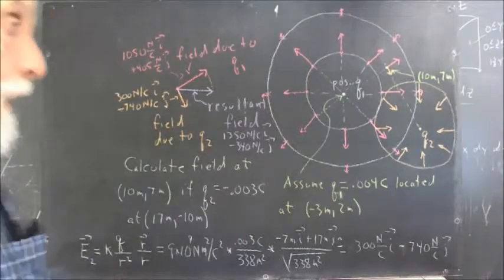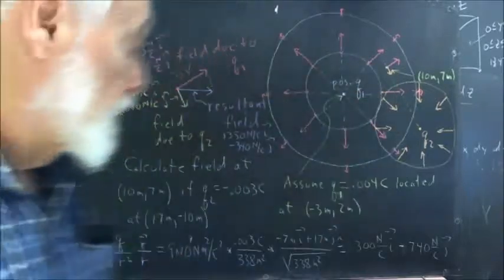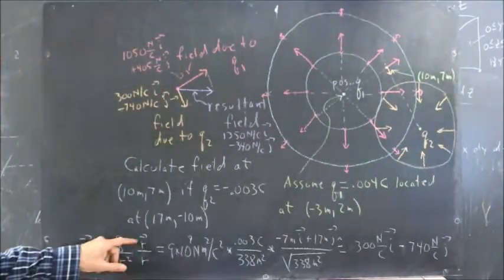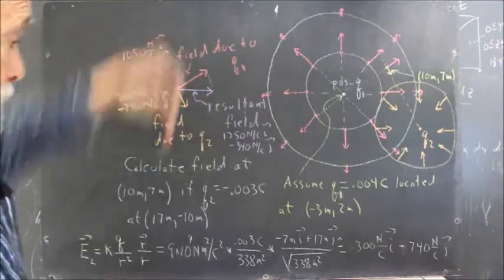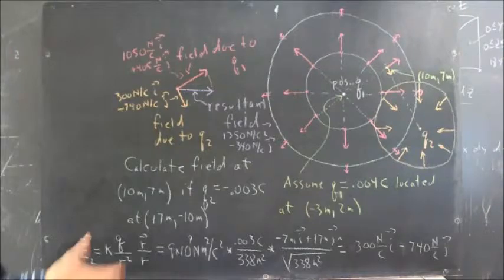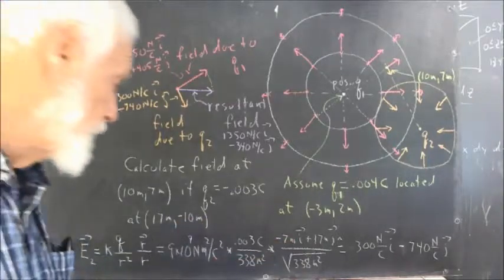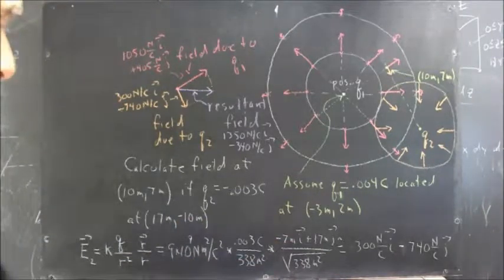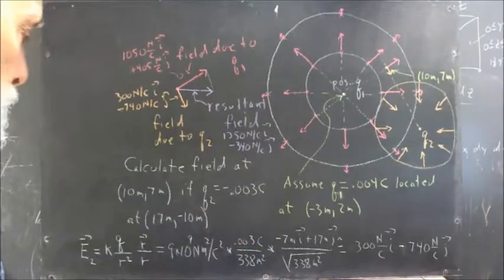R is going to be the distance from here to here that we get using the Pythagorean theorem. The R vector is going to be your negative 7 meters times I plus your 17 meters times J. And the entire calculation is very straightforward. So we just plug things in. Our 9 times 10 to the 9th newton meter squared per coulomb. For Q, we use the 0.003 coulombs.